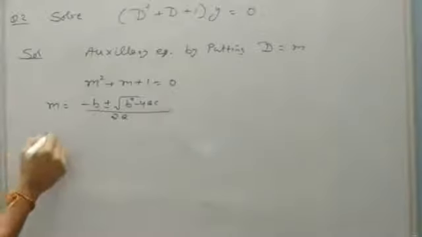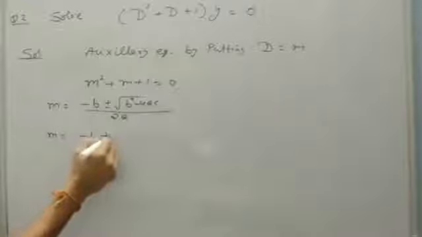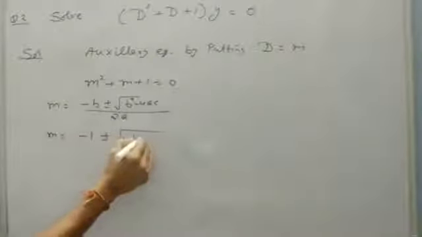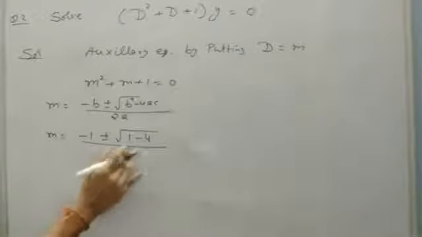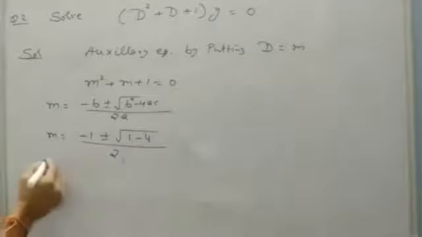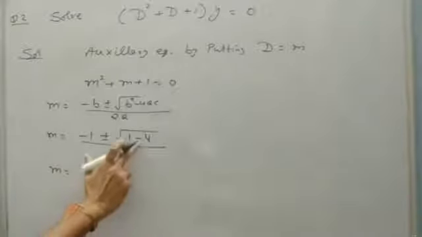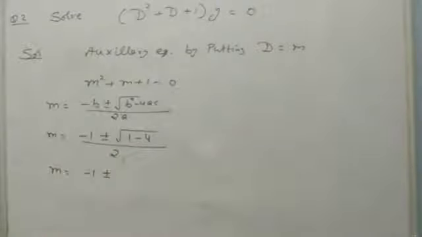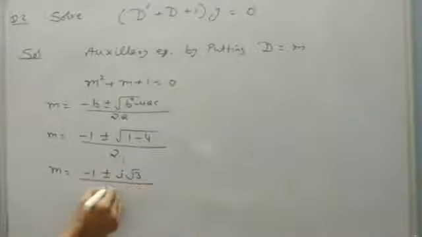So we'll put m is equal to minus b, means minus 1, plus minus under root 1 minus 4 upon 2 into a, that is 1. So m is equal to minus 1 plus minus, this will be minus 3, which is an imaginary part, so we can say it is iota root 3 upon 2.